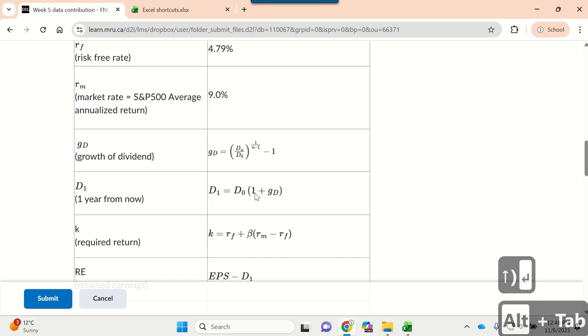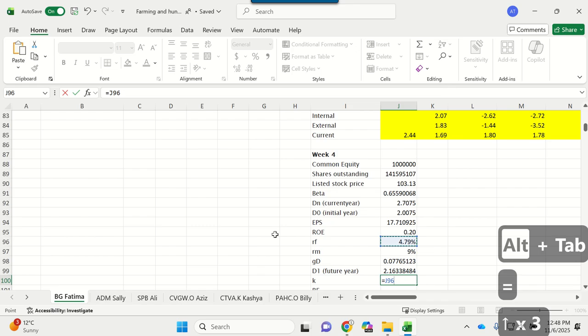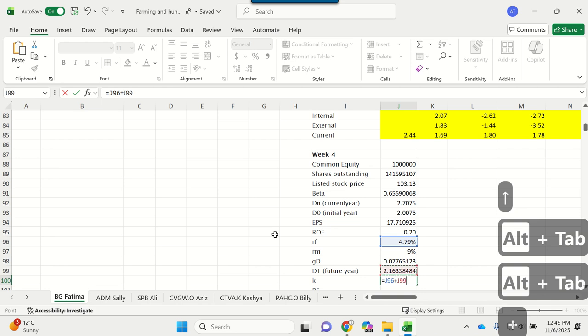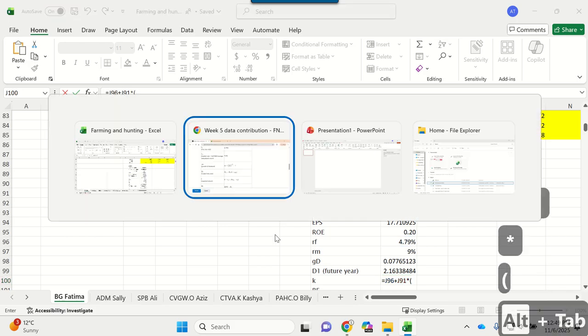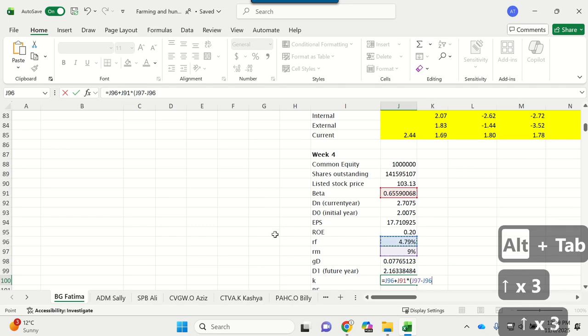And there's no asterisks in here, but it's implied that it's a multiplication, so I have to put that in. Then the required return is the risk-free rate plus the beta multiplied by the difference between the market rate and the risk-free rate. So it's equal the risk-free rate plus the beta multiplied by the difference from the market rate minus the risk-free rate, close bracket.